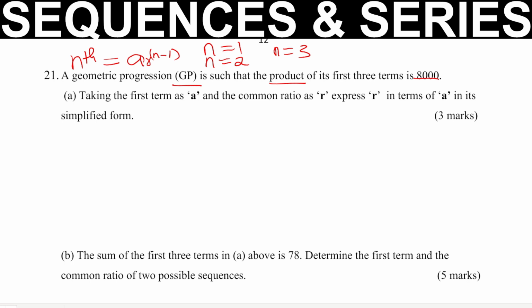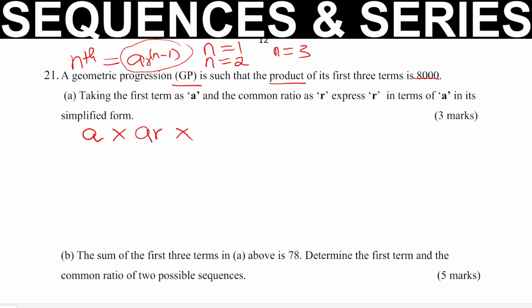So when n is 1, that is the first term, you'll get A. Since we're getting the product of the first three terms, we multiply by the second term, where n is 2. Just replace n with 2 in AR raised to power n minus 1, and you get the second term as AR.